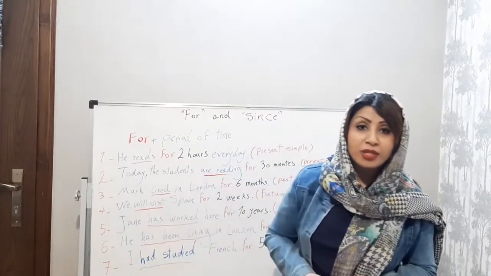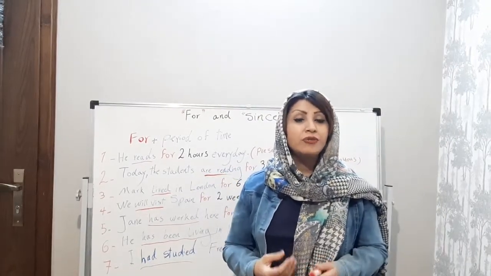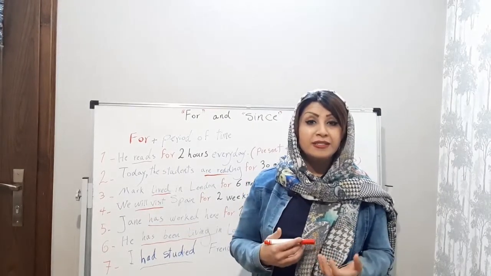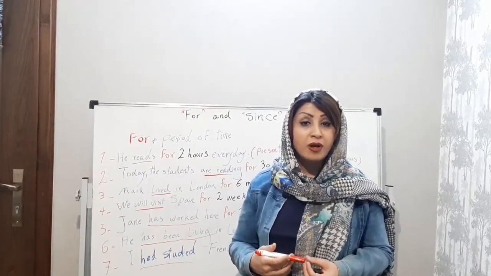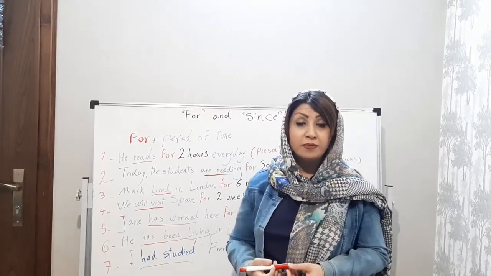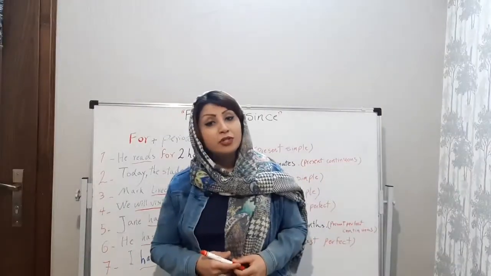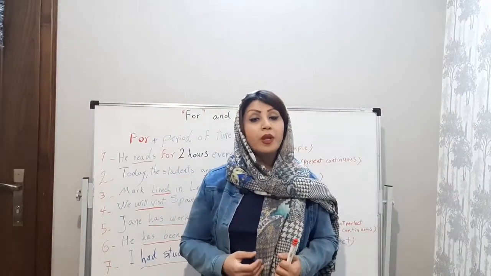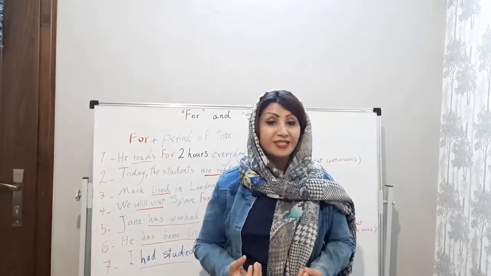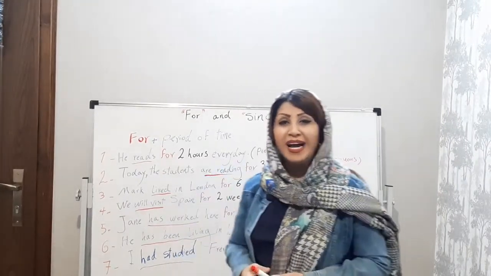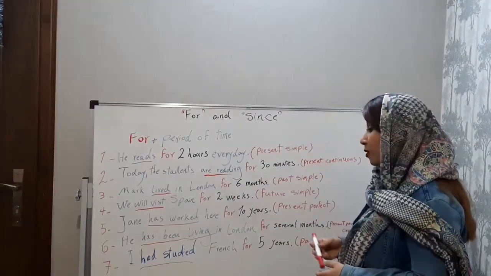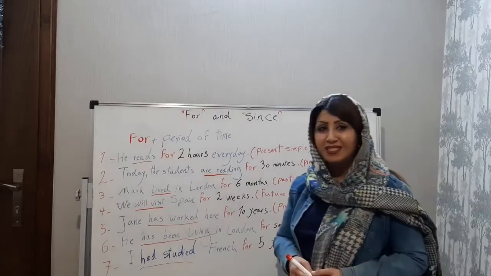It also describes a duration, from the start of the period of time to the end of the period of time. And you can use "for" with all tenses. So I decided to write some more examples on the board with different tenses.